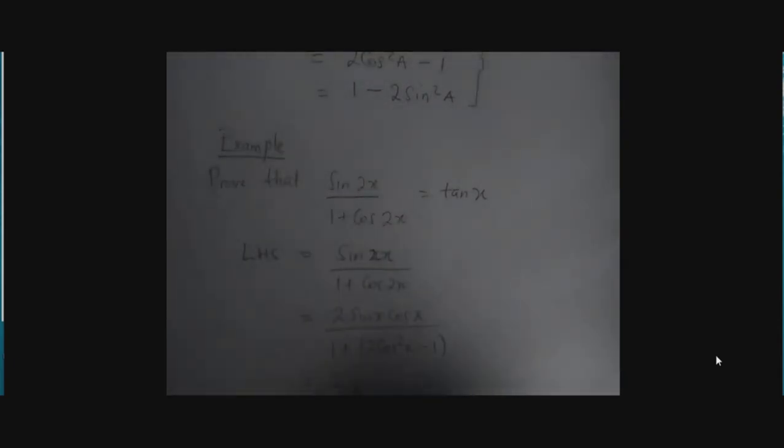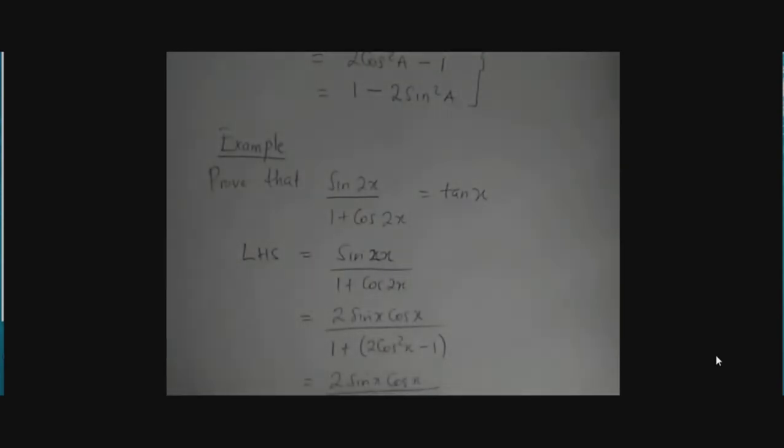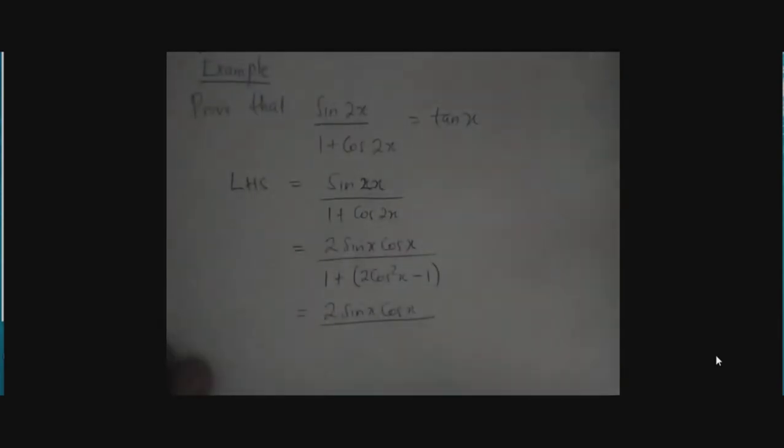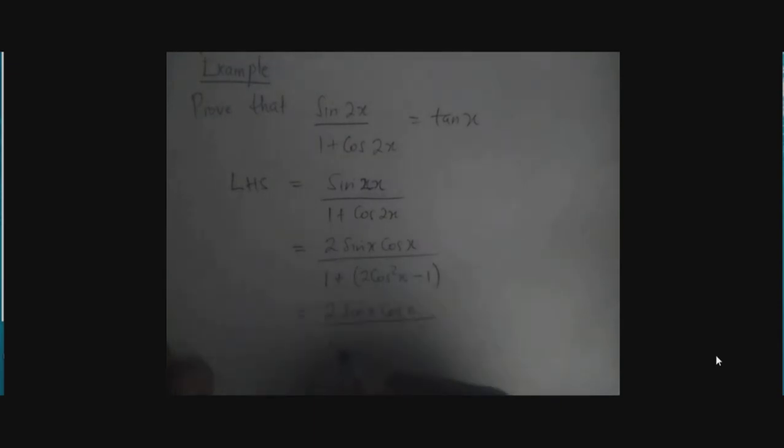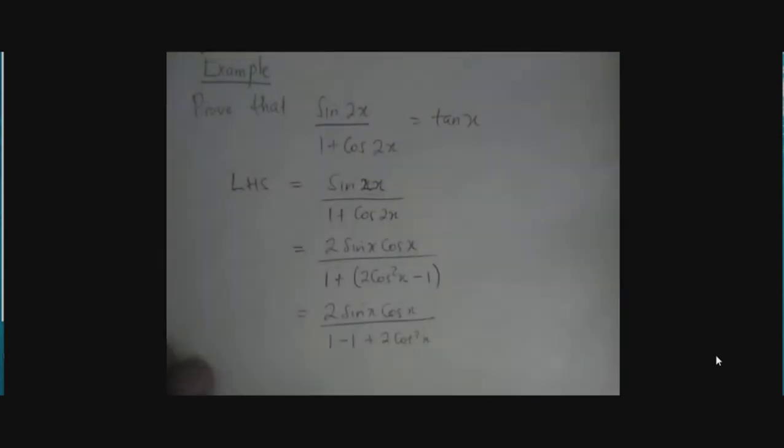So I have 2 sine x cos x over, let me bring 1 out, minus 1 plus 2 cos squared x.